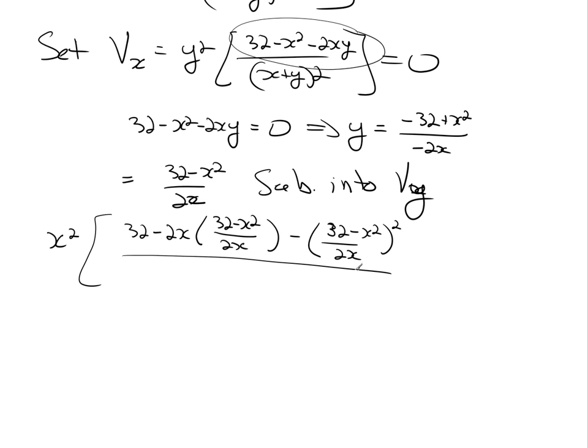All of this over x plus y squared, so this is x plus 32 minus x squared over 2x, and this whole thing is going to be squared. And I need to set this equal to 0.